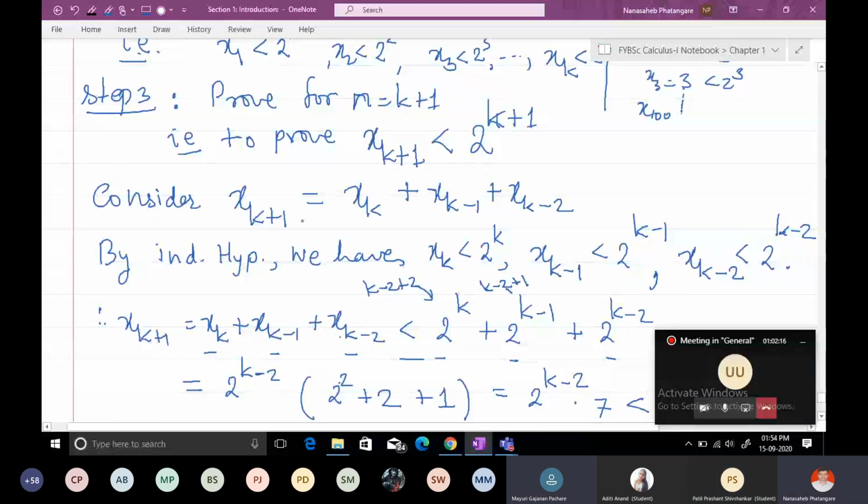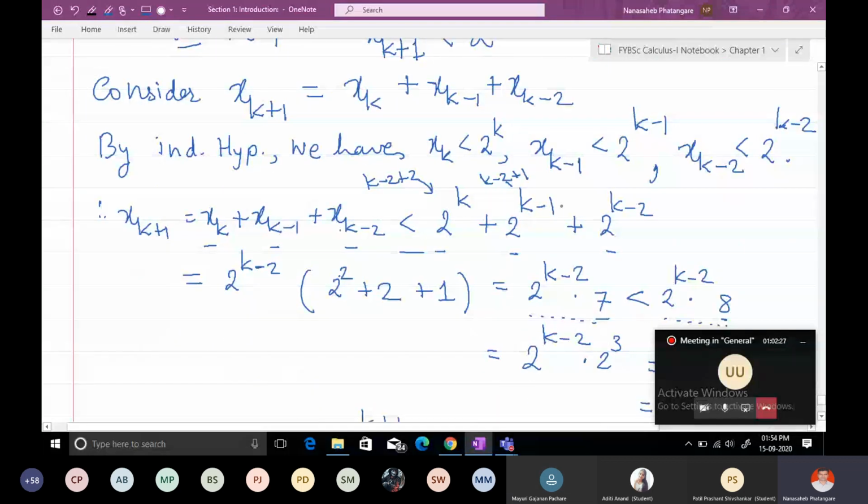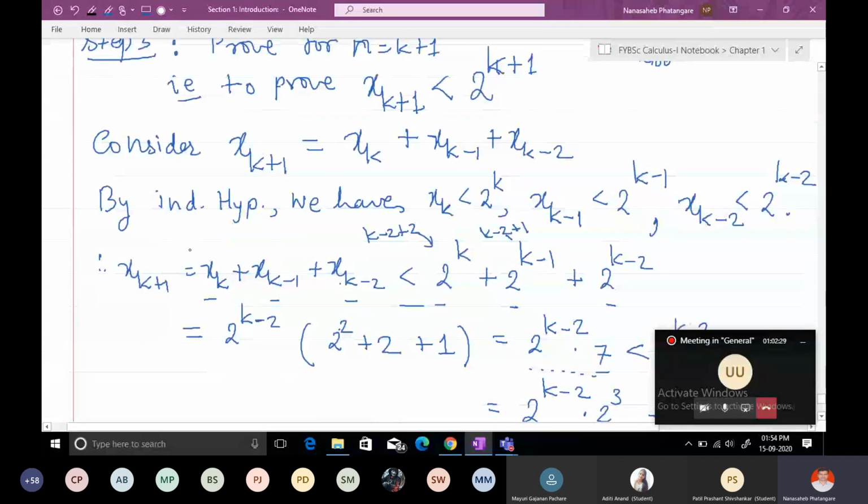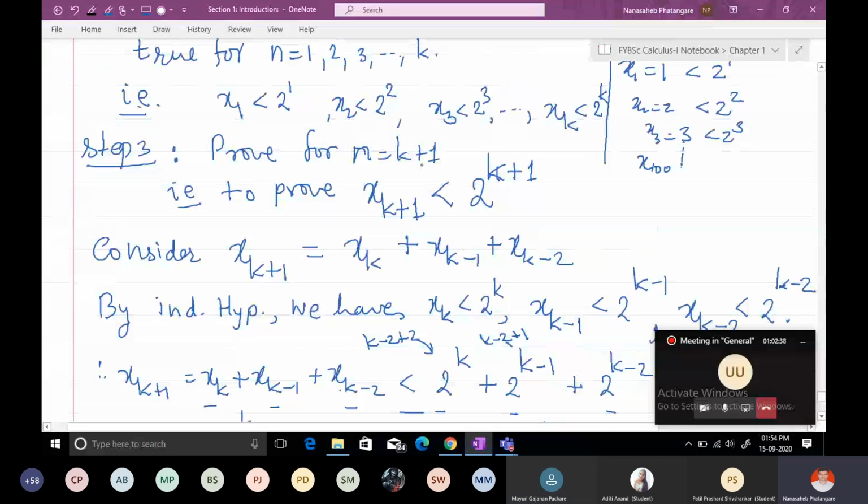Consider x_(k+1). By definition, x_(k+1) is x_k plus x_(k-1) plus x_(k-2), right? But by the induction hypothesis, x_k is less than 2 raised to k, x_(k-1) is less than 2 raised to k minus 1, and x_(k-2) is less than 2 raised to k minus 2, because that is what we are assuming in the second step. This is our assumption, right? For all x's before a particular k, all these numbers satisfy this inequality.